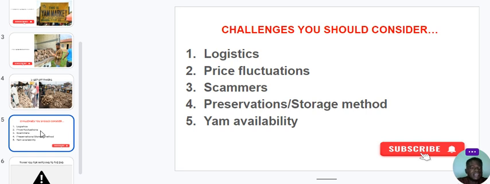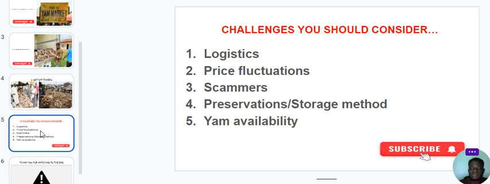In Benue State, sometimes 100 tubers you can get for 10,000, sometimes for 20,000, 50,000, 60,000, 100,000, 150,000, depending on the size of the yam, the type of yam and the freshness of the yam.